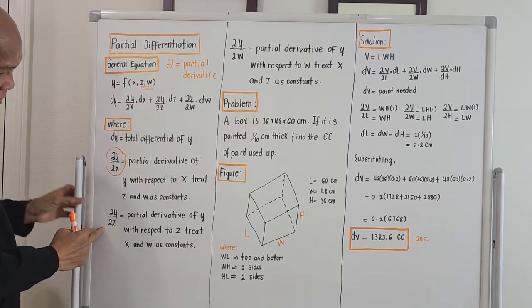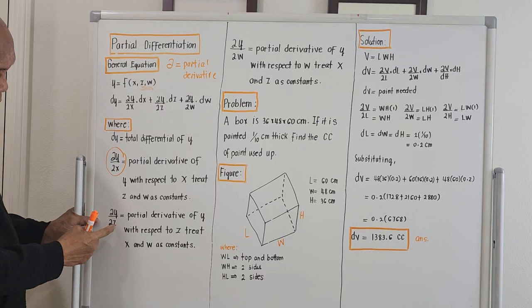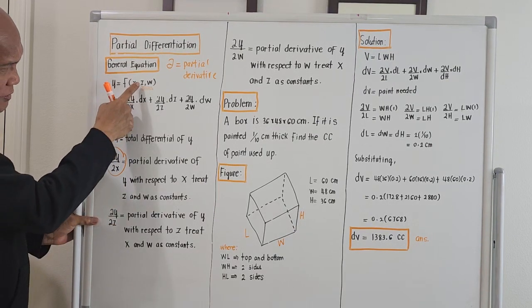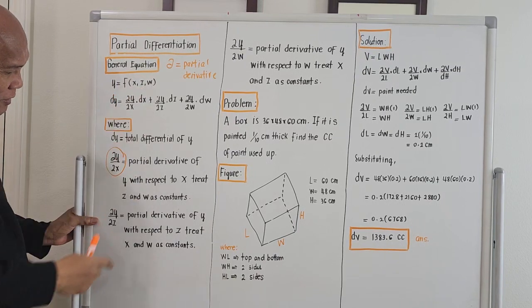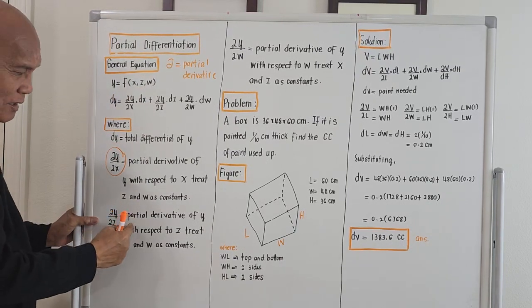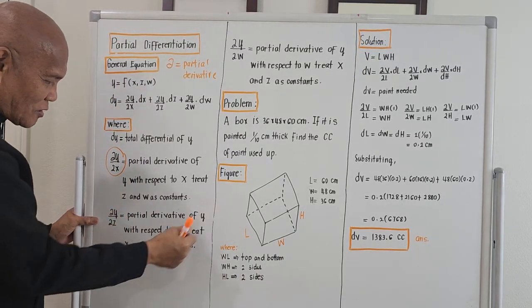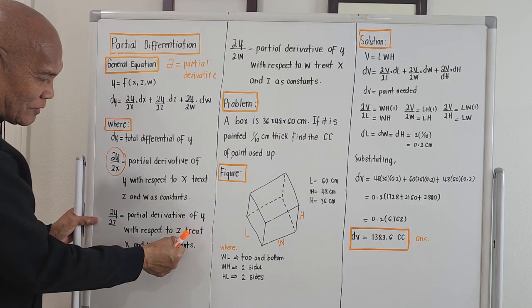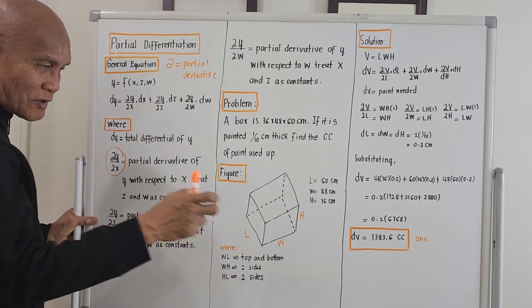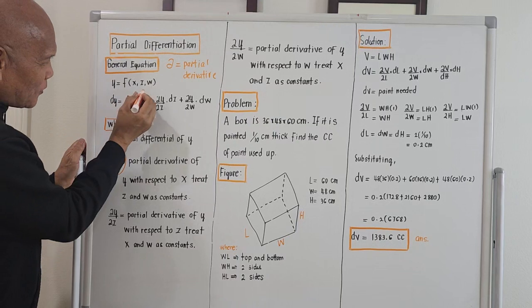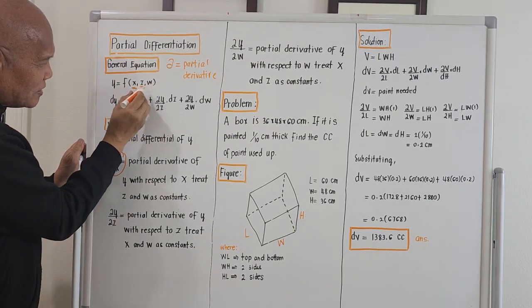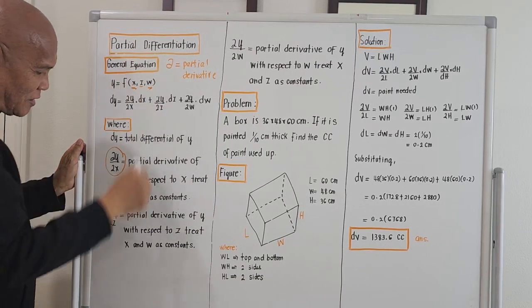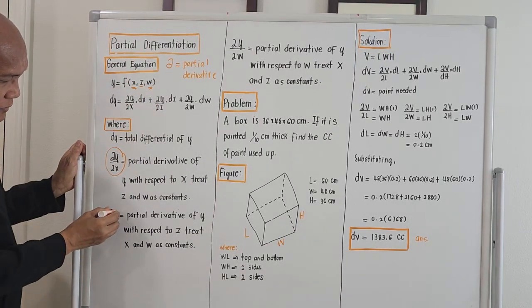For the next one, the partial derivative of y with respect to z, we are now differentiating with respect to z, the one in the middle. It should be read the partial derivative of y with respect to z, treating the other two variables as constant. We are differentiating with respect to z, right? So treat x and w as constant for this partial derivative.